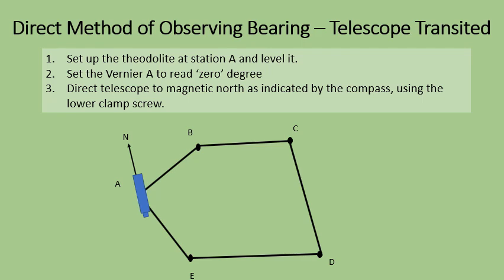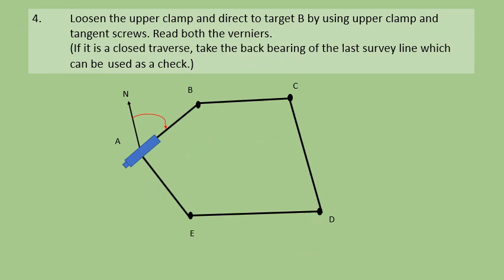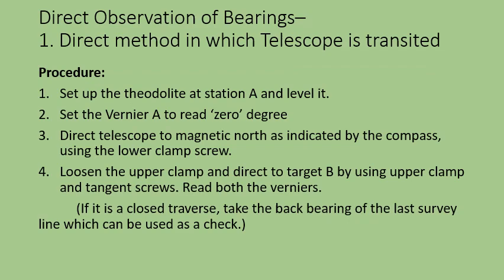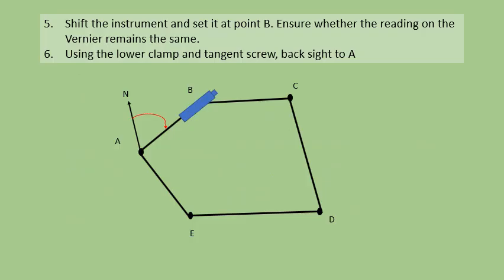So we have the line, let us continue from A to B. So we have the line AB and its bearing. Now I have shifted my theodolite to the next station B.